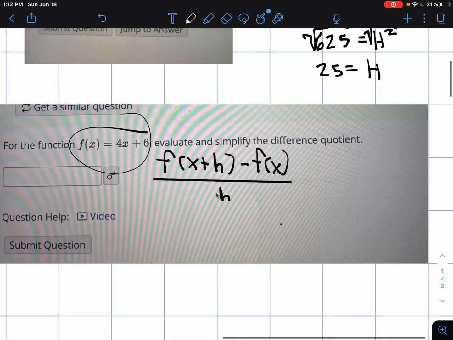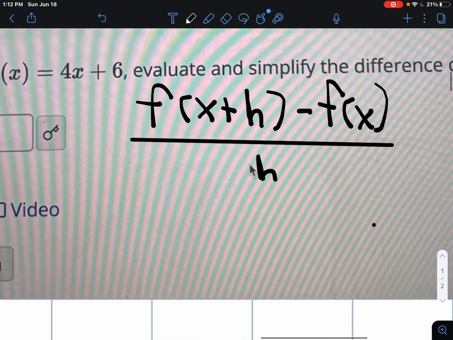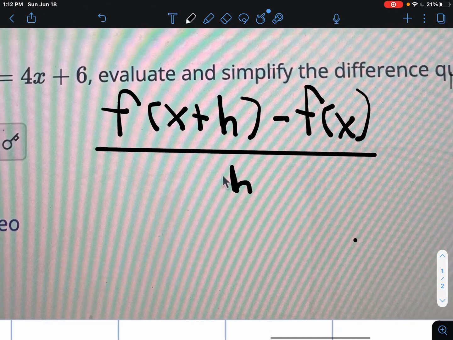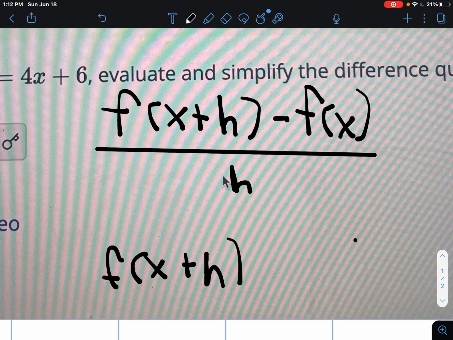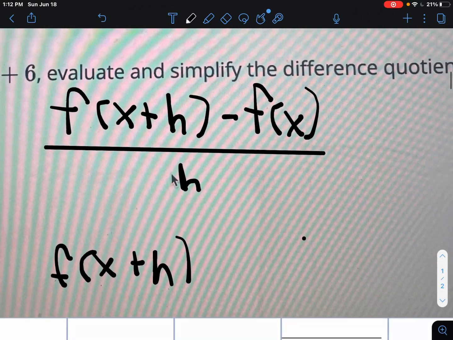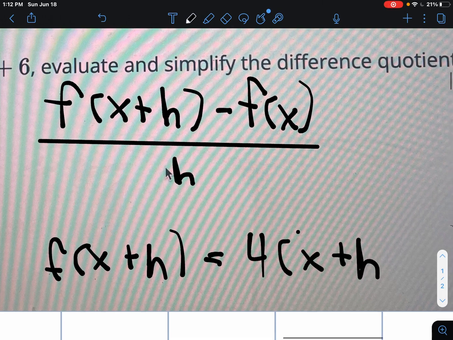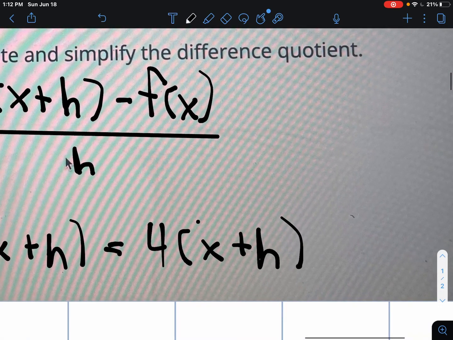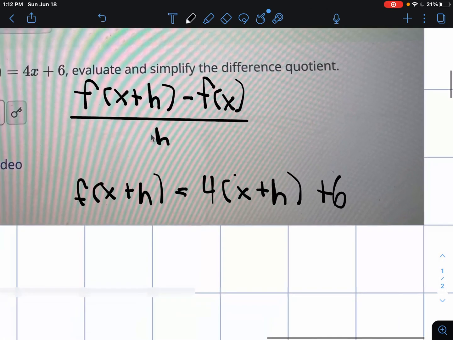We need to find f of x plus h, which is pretty simple. We're basically just going to replace x with x plus h, which would be 4 parentheses x plus h plus 6. Alright, let's plug this into our formula.